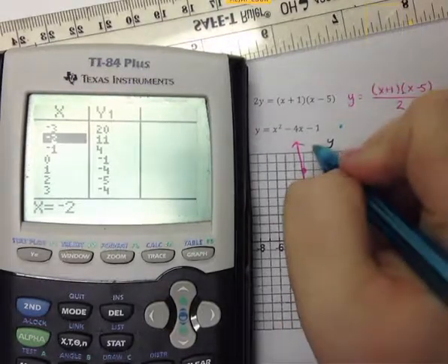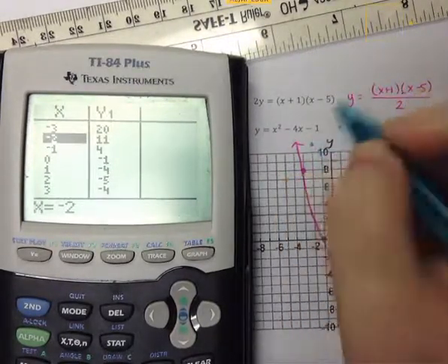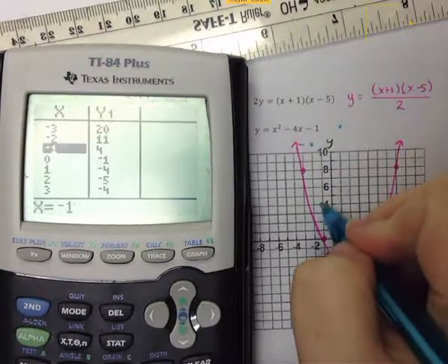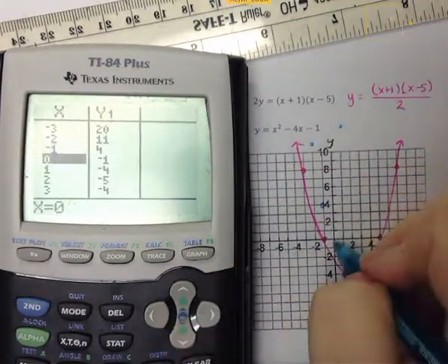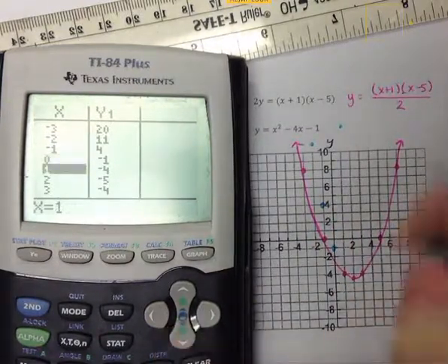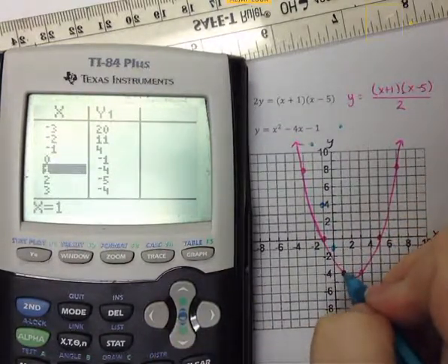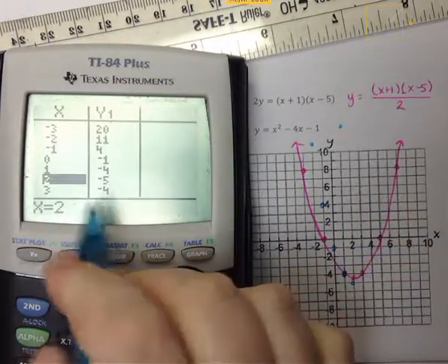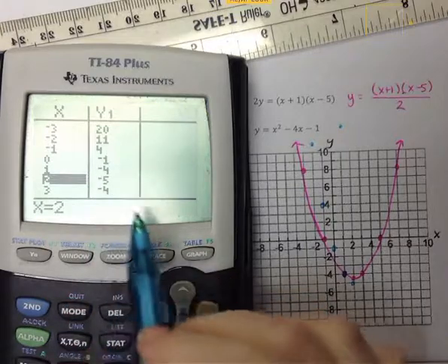Negative 2, positive 11, somewhere around here. Negative 1, positive 4. 0, negative 1. 1, negative 4. 2, negative 5. This one is going to be your vertex because, again, the negative 4s are repeating after it.